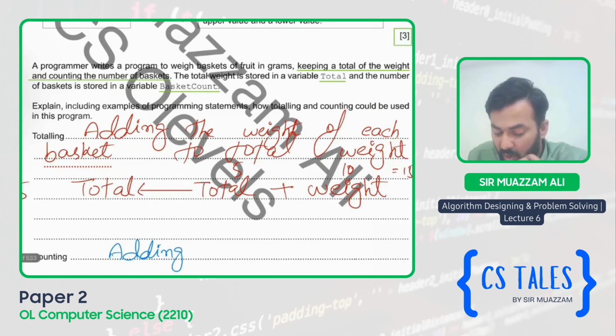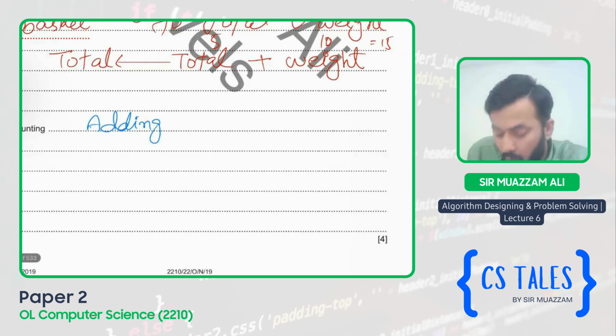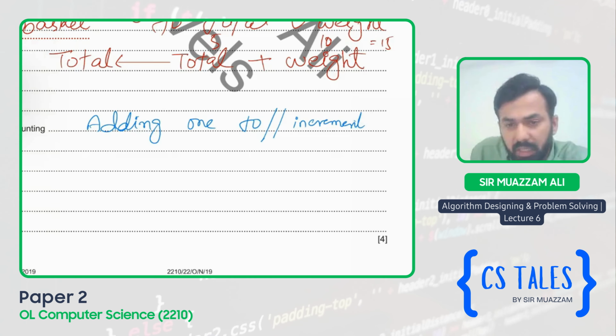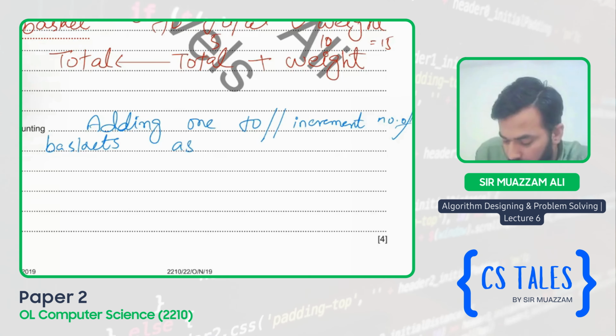The number of baskets is stored in the variable basket count. So it will be adding 1, or you can say incrementing the number of baskets as each weight is entered.